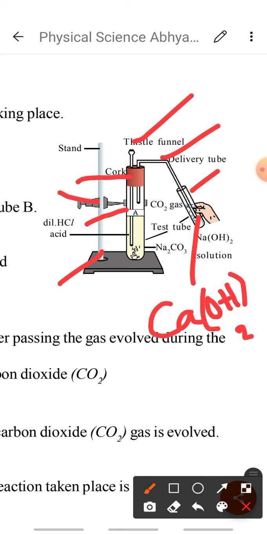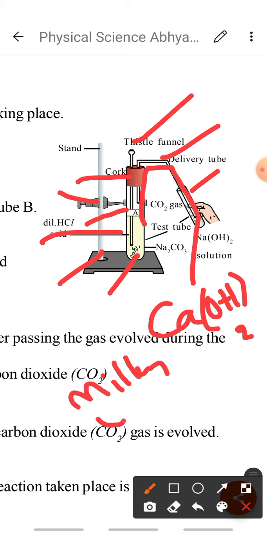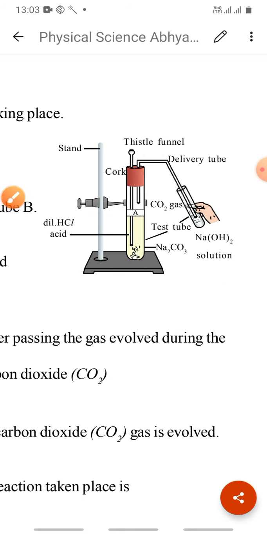In the main test tube we take sodium carbonate and add dilute HCl. Both react and carbon dioxide gas is liberated, passing through the delivery tube into the lime water. The lime water turns milky white, which indicates the formation of carbon dioxide gas.